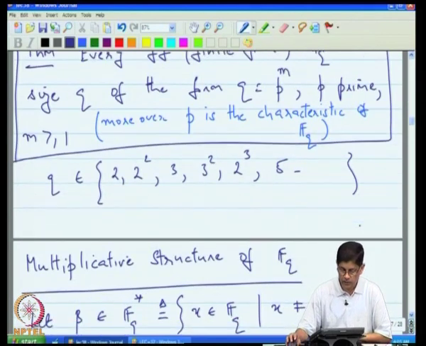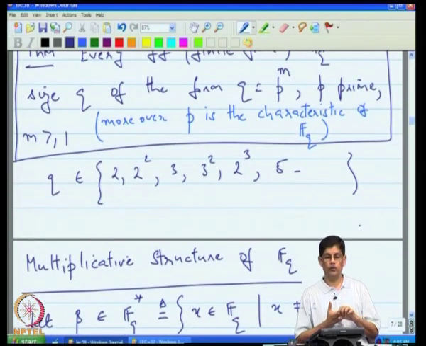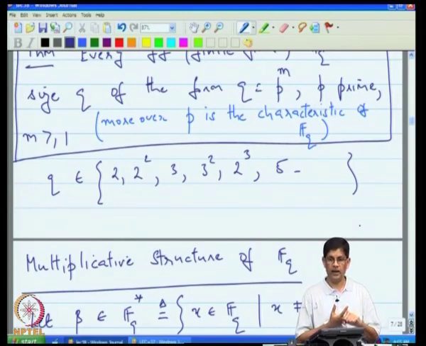Okay. So, up to now we have deduced two things. First of all, that there is a unique prime that is associated with every finite field, and that prime is called the characteristic of the finite field. And in terms of the finite field, it means that if you take p copies of the multiplicative identity and add them together, you will get 0.